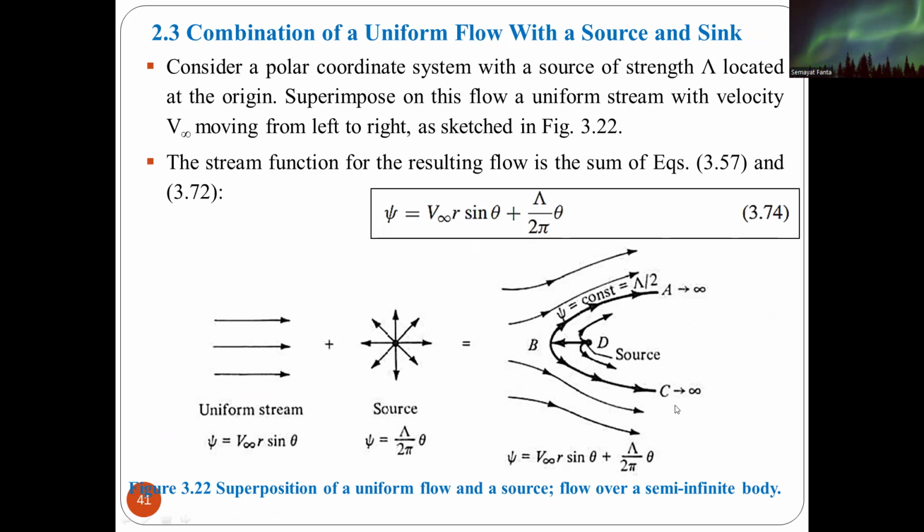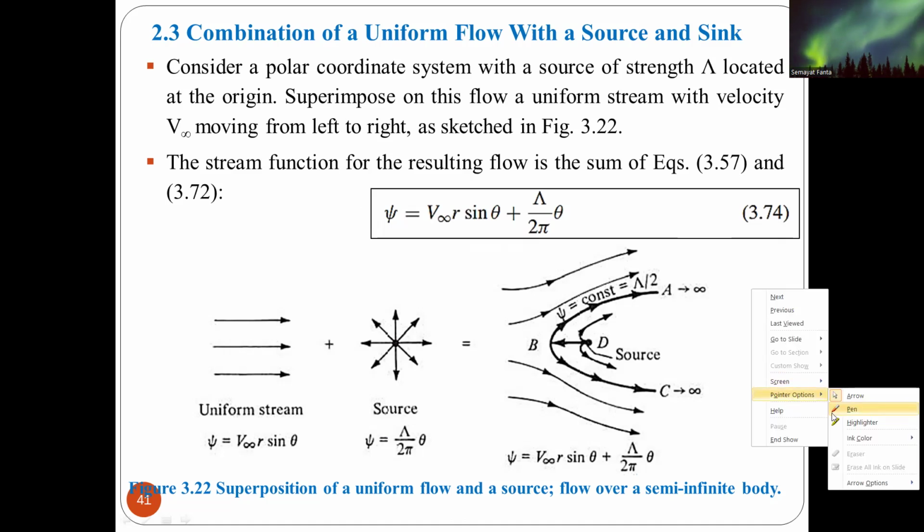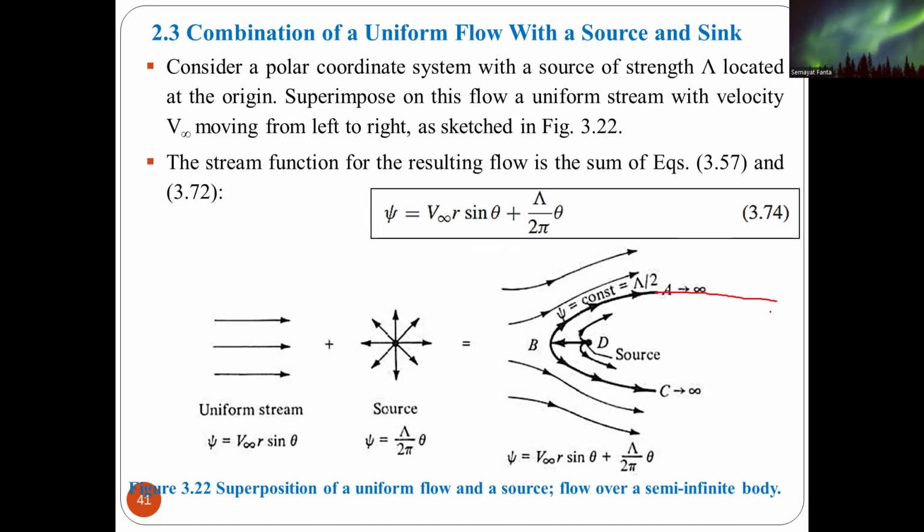So it gives a kind of half ellipse, okay? And this goes to infinity. This line extends in this way, and this line also in this way, so it is going to infinity, for only uniform flow and source flow.